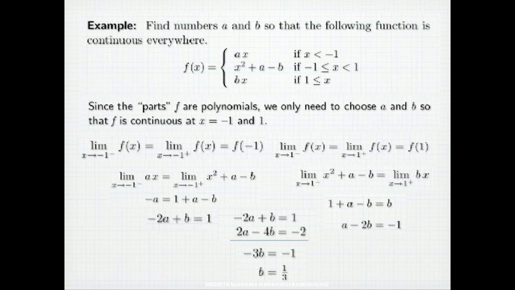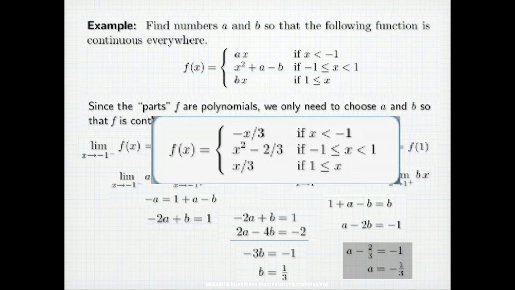By cancellation of a, minus 3b equals minus 1, and b equals 1 by 3. Putting the value of b in equation number 1, a minus 2 by 3 equals minus 1, then a equals minus 1 by 3.